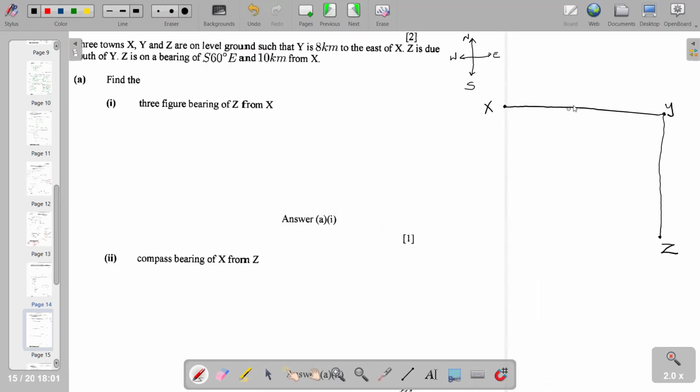Then we are given that here is 8 kilometers. Since this is east and this is south, they meet perpendicularly, so here it's a right angle.